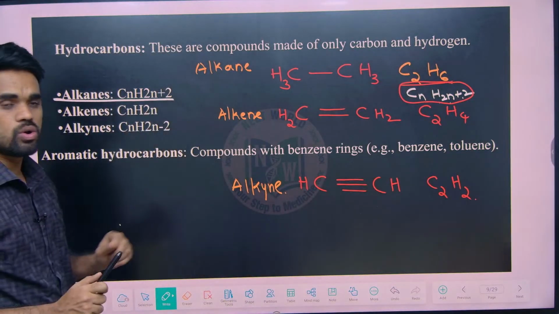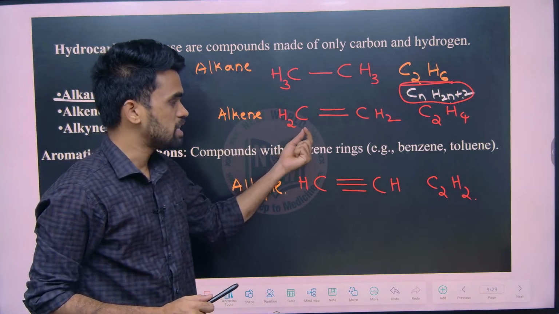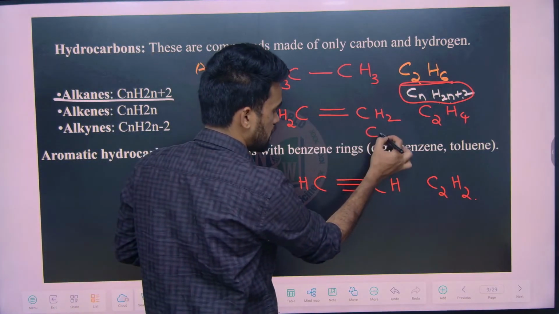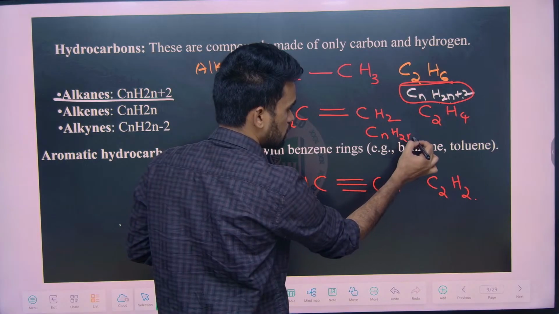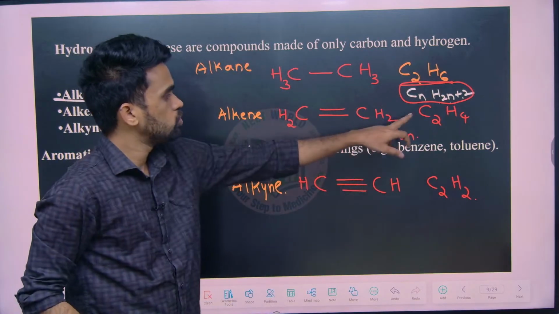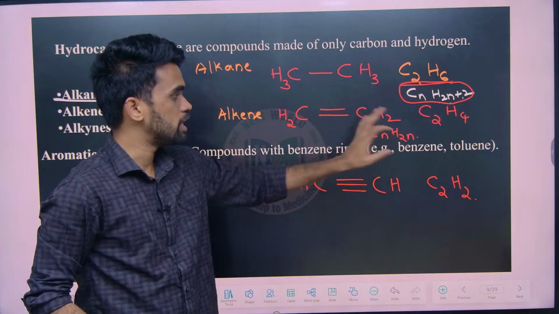Similarly, alkenes satisfy the formula CnH2n. C2, 2 twos are 4, so C2H4.